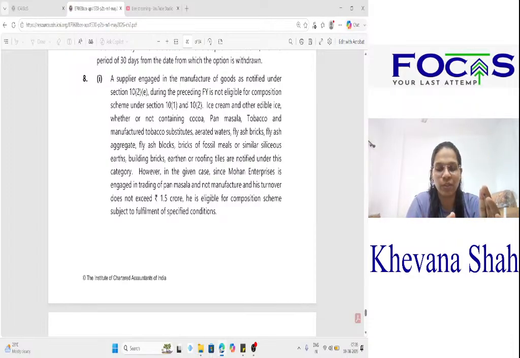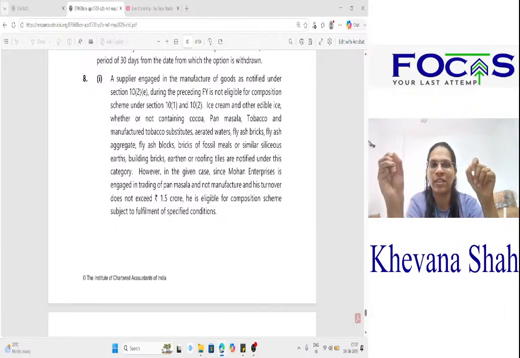So all of these goods come under your notified goods category, and if you are a manufacturer of any of these notified goods, then you are not eligible for composition scheme. Remember the word manufacturer.